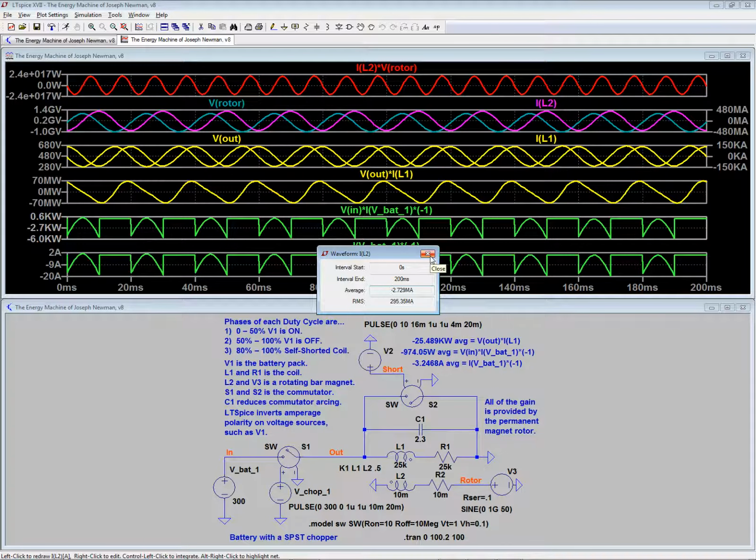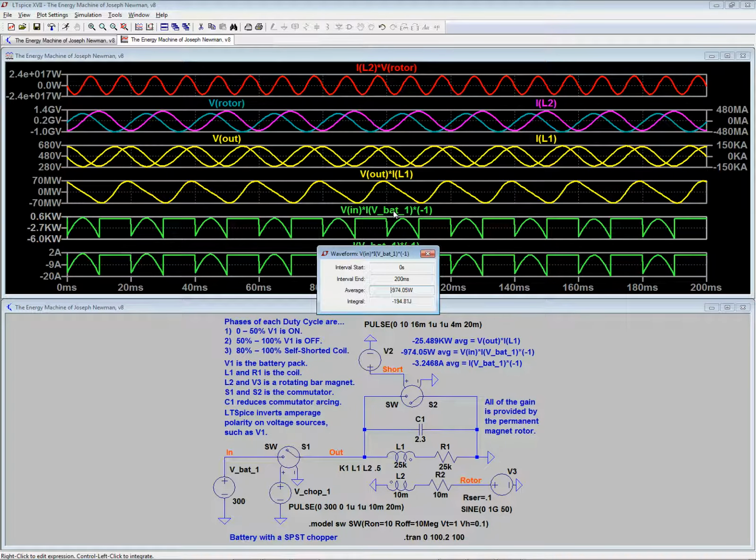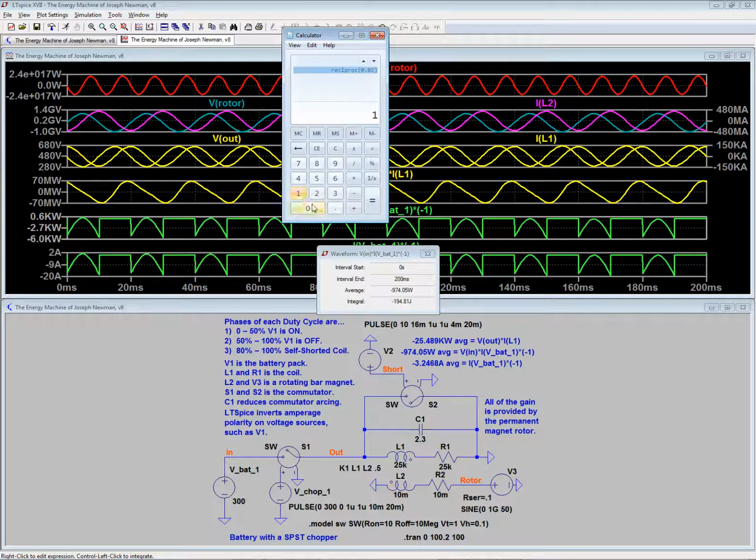But see, that means that there's a tremendous amount of amps coming out of the battery pack. Well, let's go look. Where would that be? I don't have it here, do I? Well, we know it's 300 volts in. So if we take 1 kiloamp negative and divide by 300 volts, 1,000 divided by 300.